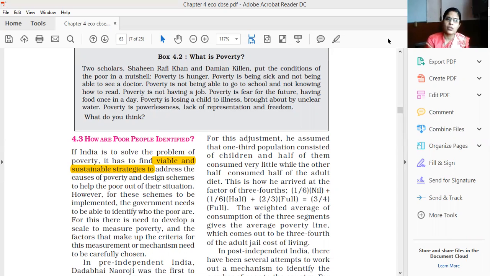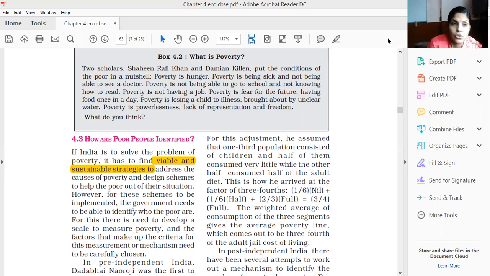Now our second thing is how are poor people identified? How can we identify? If you want to identify a person, how will I get the poor person? For that, you will search on the footpath. Then you will search in the hutments. Then you will search near the road.